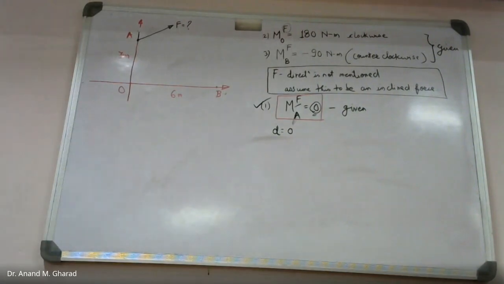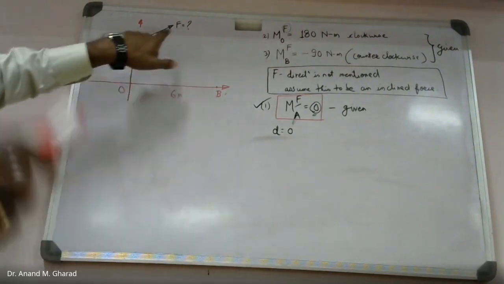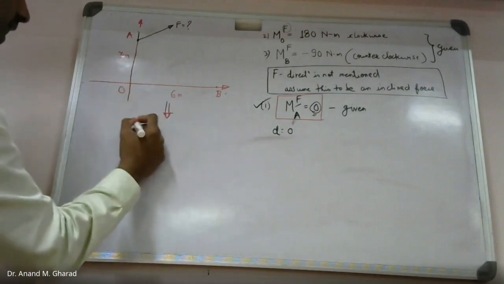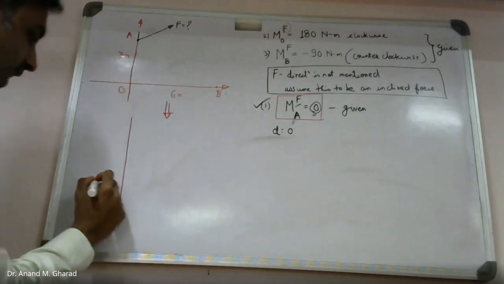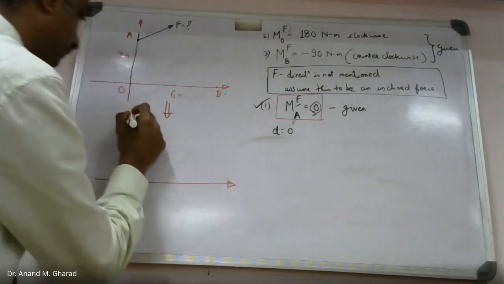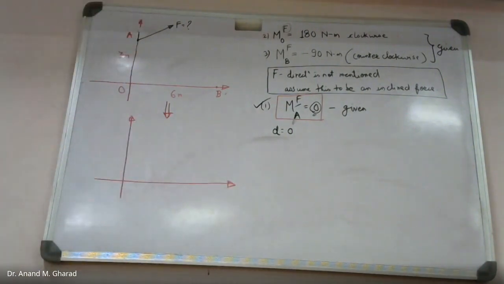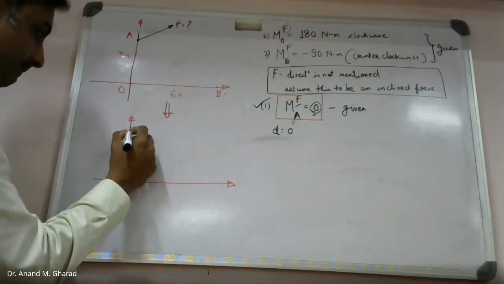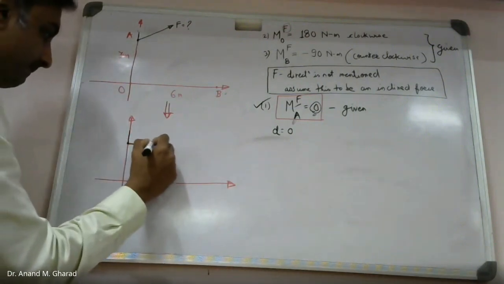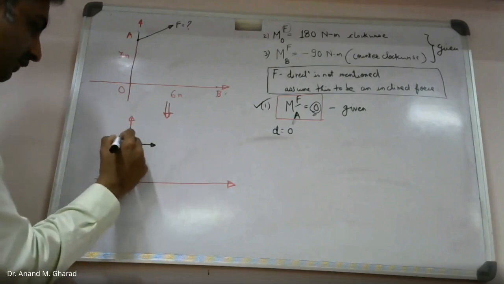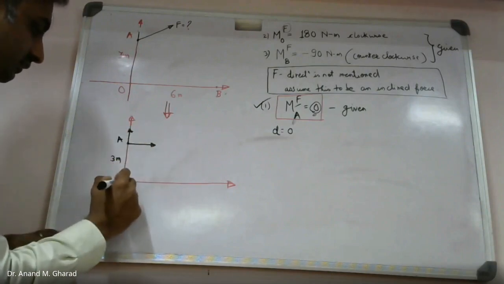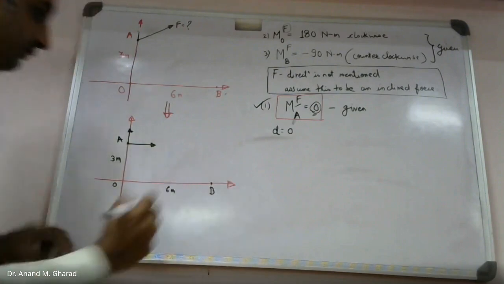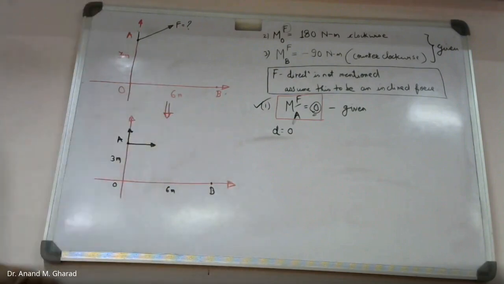If this is the case, don't you feel that this situation is the same as this one? This is point A, which is 3 meter, and this is point B, 6 meter. These two things are equal, don't you feel?